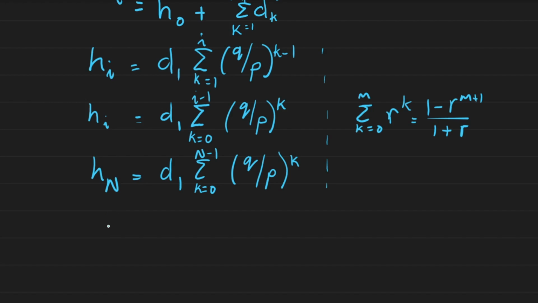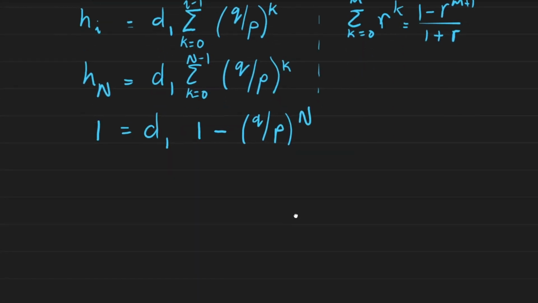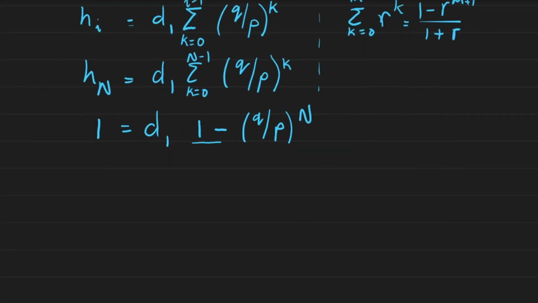So we have 1 is equal to d1, and then just applying this formula, we have 1 minus q over p to the power n, divided by 1 minus q over p.